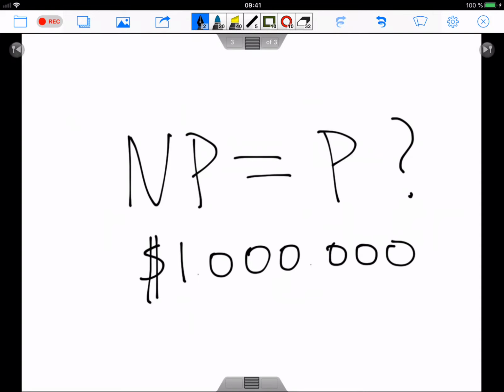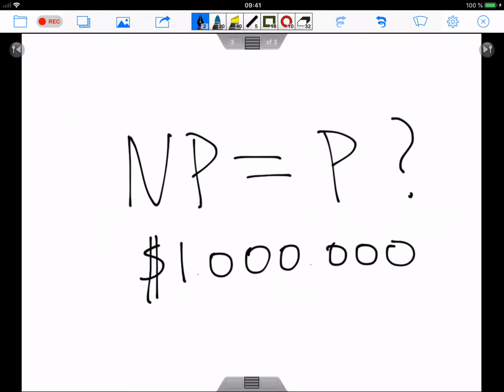So we strongly suspect that P is not equal to NP. They are different. It's not the same to be able to check quickly a solution as being able to find that solution. But we have no proof of that. We have strong evidence of this fact, but we have no mathematical proof.